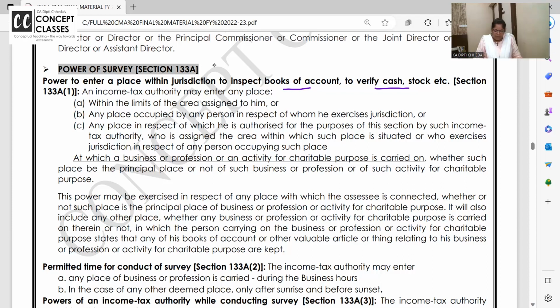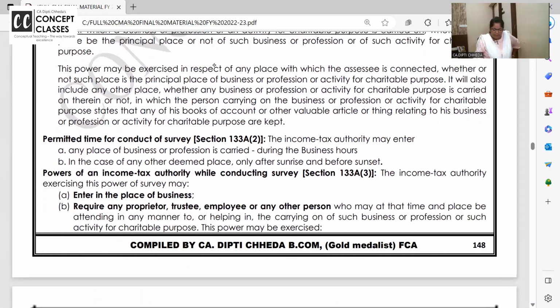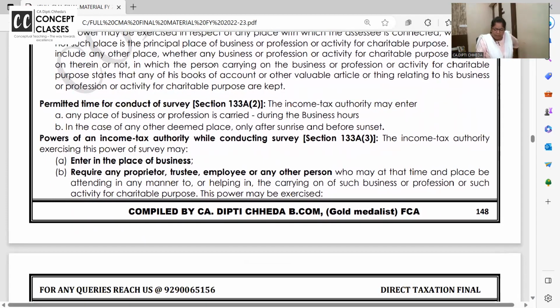And it will also include any other place where any business or profession or activity for charitable purposes is carried on, and where the person carrying on business or activity states that any of his books of accounts are kept. Okay, wherever their books of accounts are, at all those places you have jurisdiction, so you can conduct a survey. This is important.